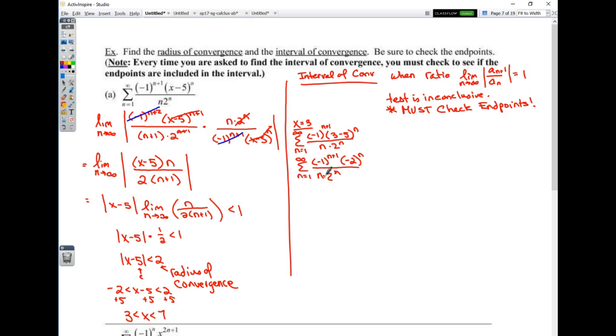We have some algebra we should probably do. You can call that negative 1 to the n plus 1. I can call this negative 1 to the n times 2 to the n over n times 2 to the n. Now, why would I split that? What happens when I split that?